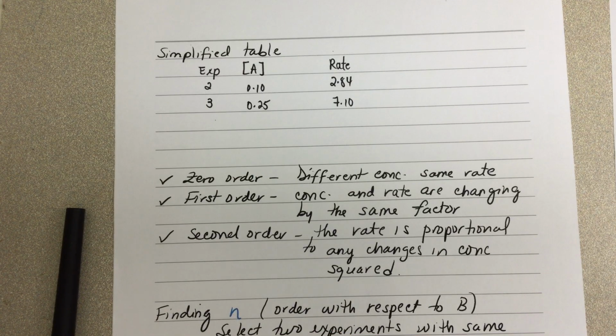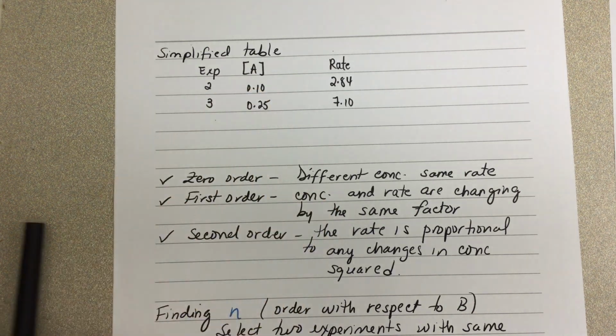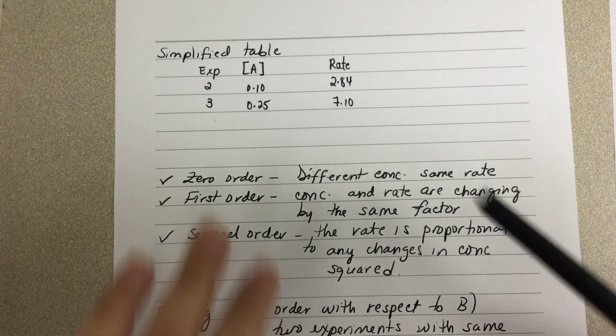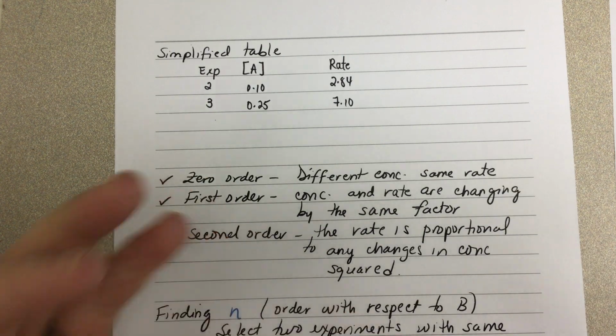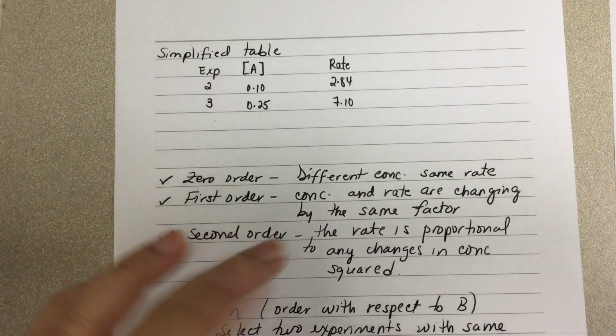So you're looking at your data, you're finding two experiments where the concentration of A is different and the concentration of B is the same, because you're trying to get the order for A. That's why you need different concentrations for that one. So I'm simplifying my table, and now you're going to look at your numbers.